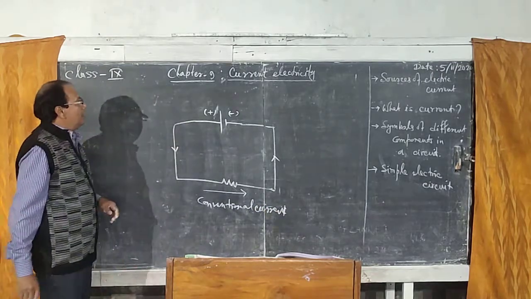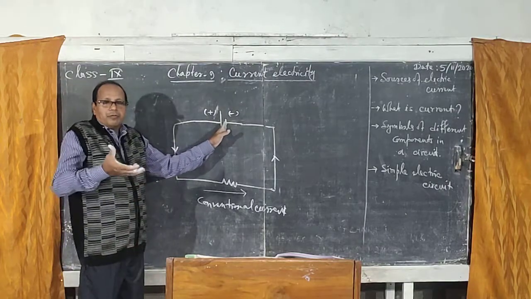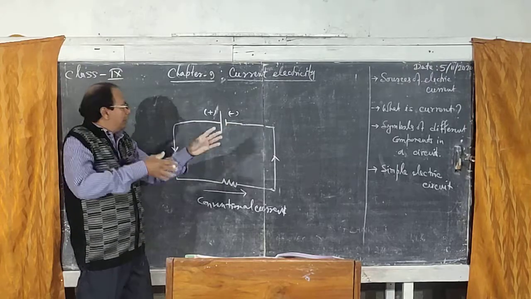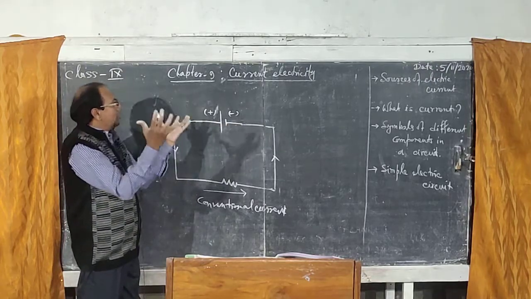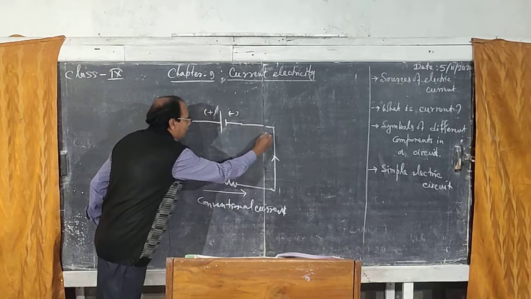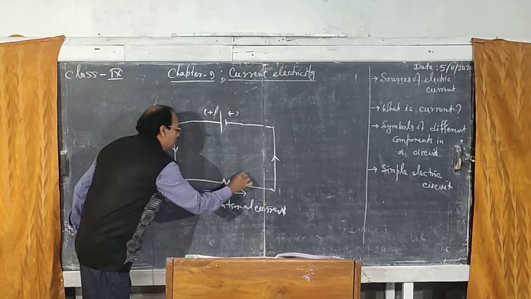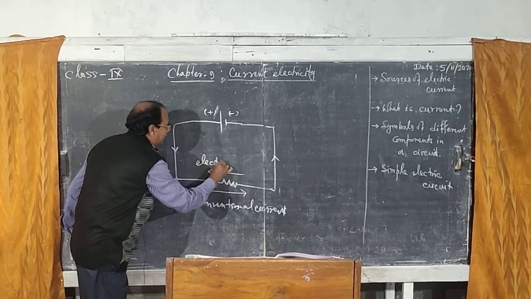But the negative terminal actually has an amount of electrons present. So from the negative terminal to the positive terminal another current flows, and that is called electronic current.